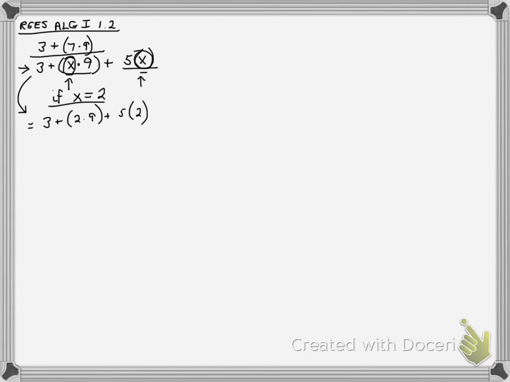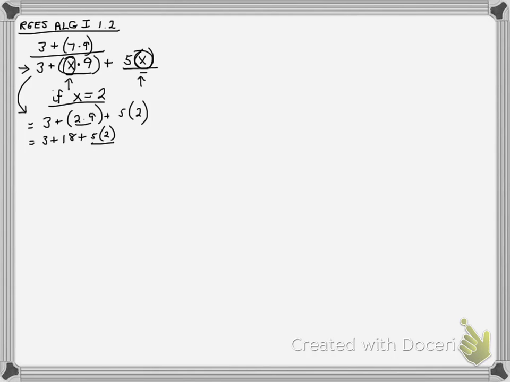Now I have a problem that you're used to from the last section. So what would you do? You would apply order of operations. So this would be 3 plus 2 times, oops, I don't need the parenthesis now. 2 times 9 is 18 plus, well, maybe I won't, because that was dealing with parentheses. Now I'm going to deal with my multiplication.